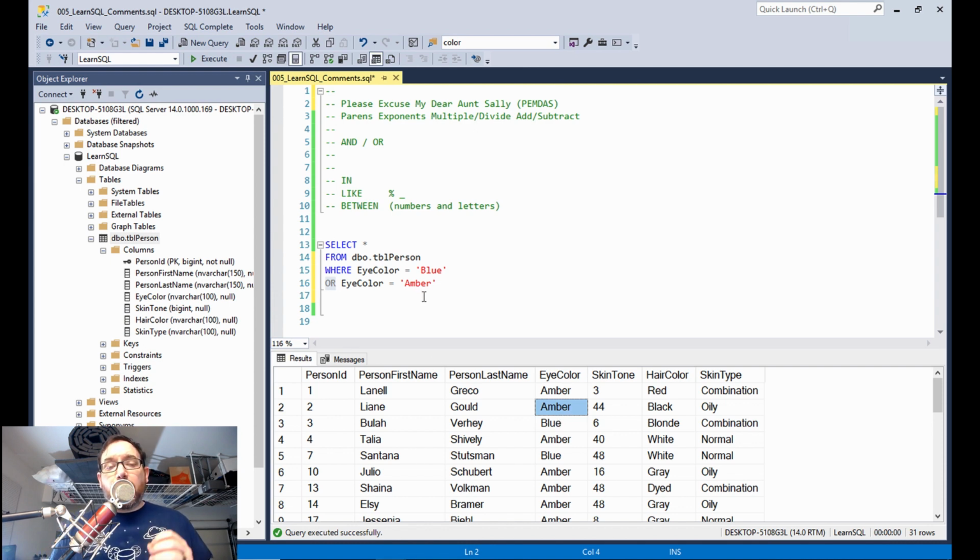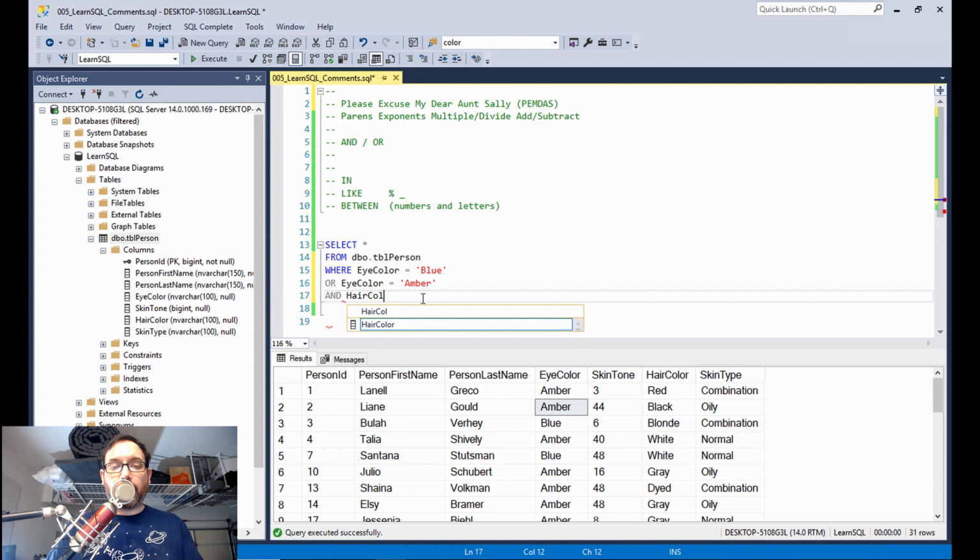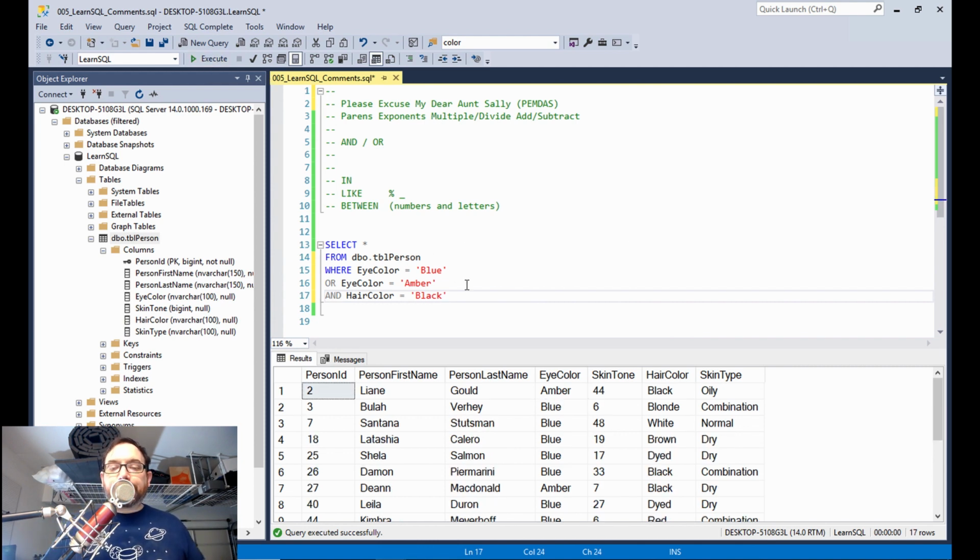But let's say I want to see people where their eye color is blue or the eye color is amber and their hair color is black. And hair color equals black. Let's go ahead and run this.